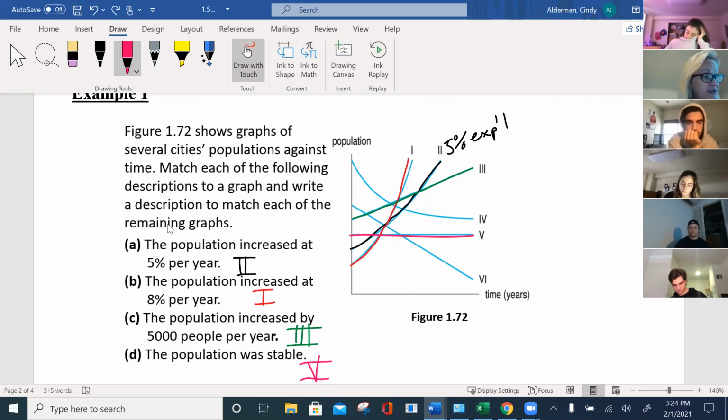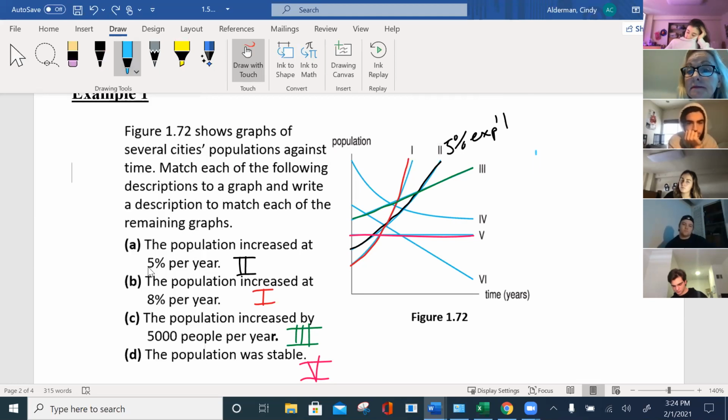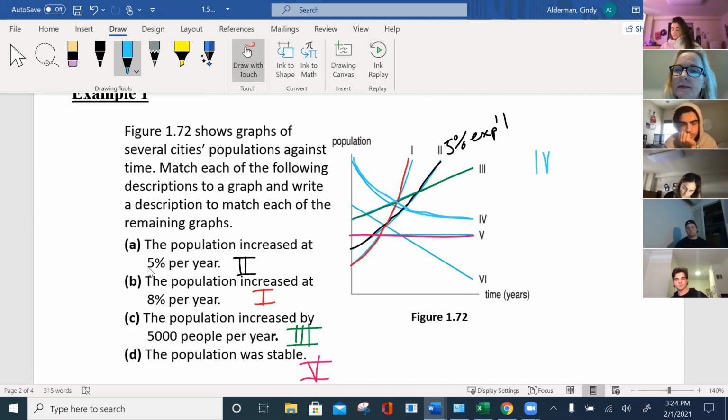All right, so now all we have to do is figure out how to describe 4. Well, I might as well use my colors here. So how could you describe that? You guys tell me. Population does what?